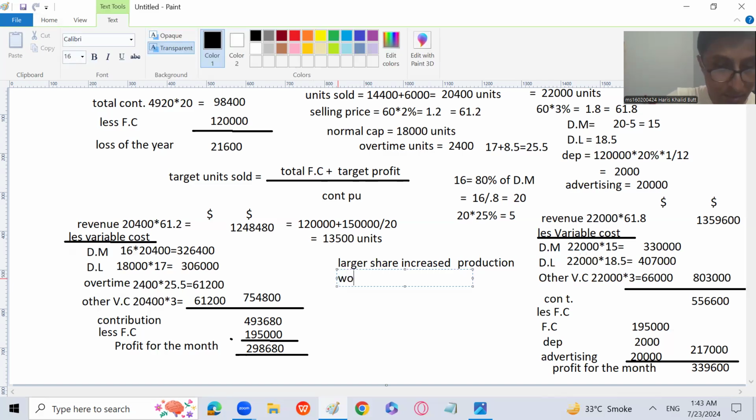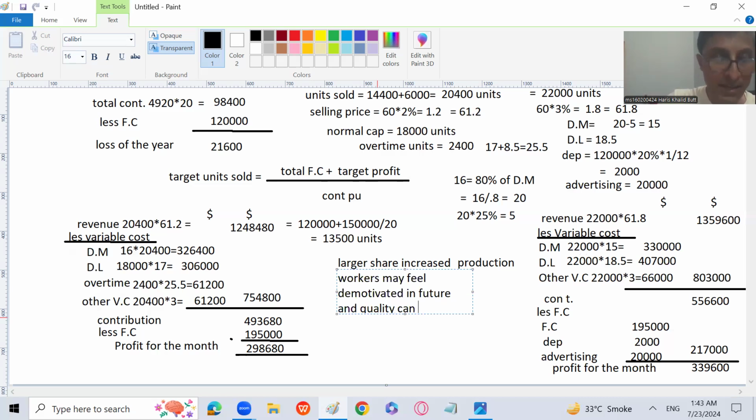So workers may be demotivated. Workers may feel demotivated in future, though they are getting a higher amount of pay for the overtime, but still maybe because of overtime, quality can decrease.